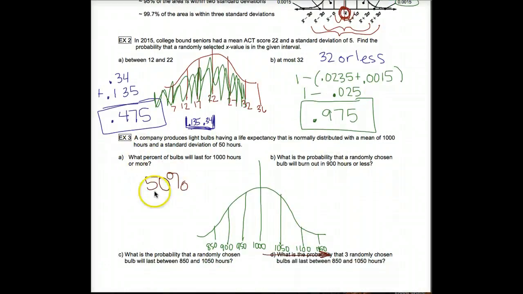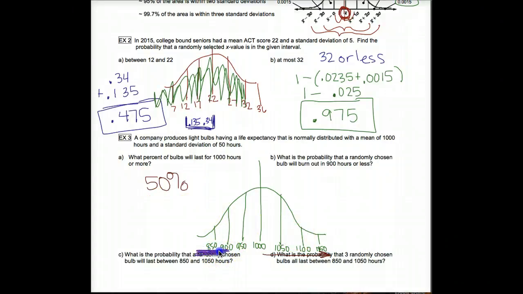And again, the reason why I didn't use a decimal here is because this question specifically said what percent of bulbs. Now B says what is the probability? So this one will not be a percent. What is the probability that a randomly chosen bulb will burn out in 900 hours or less? So 900 hours or less, that would be down here.